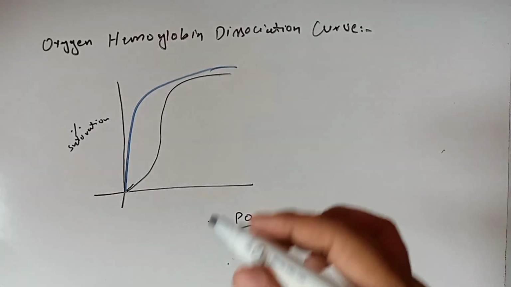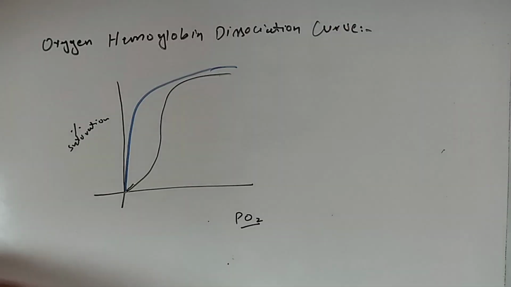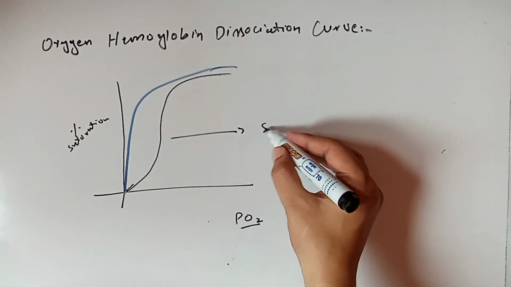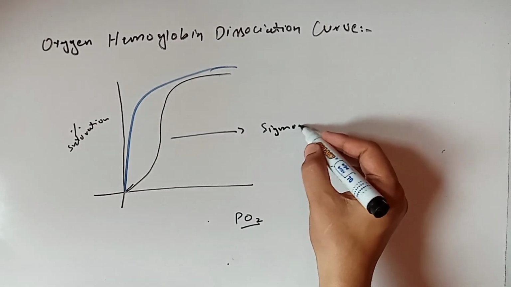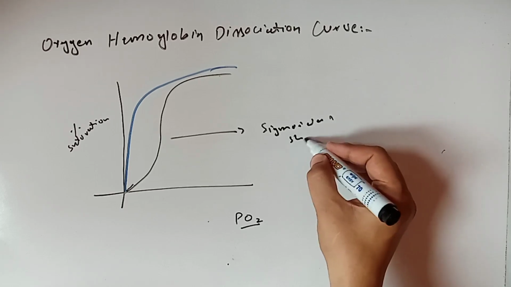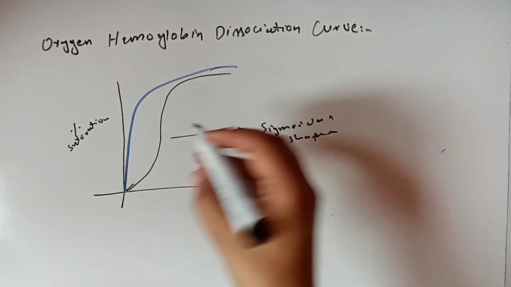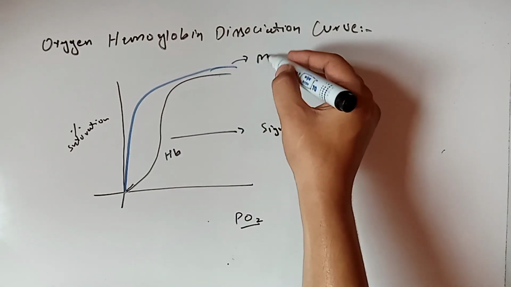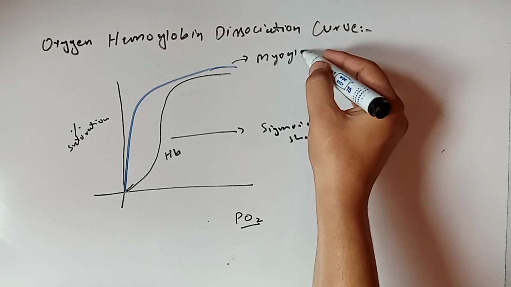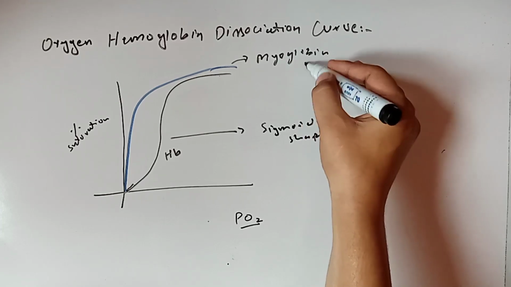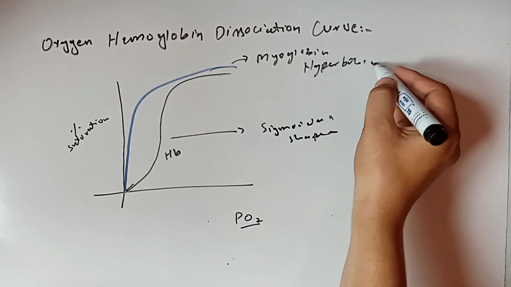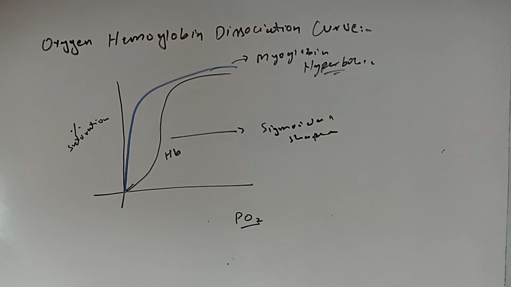So the graph of hemoglobin is sigmoidal or S shape, while the graph for myoglobin is hyperbolic in shape. So what does this change in shape signify?